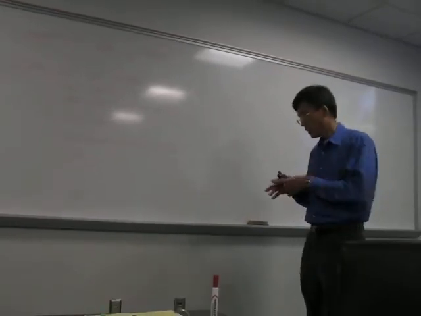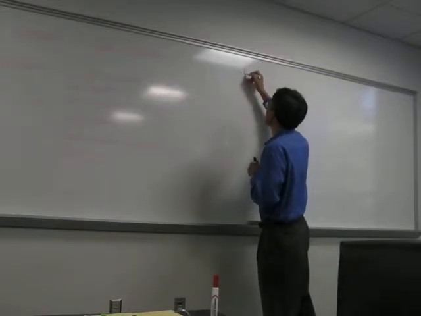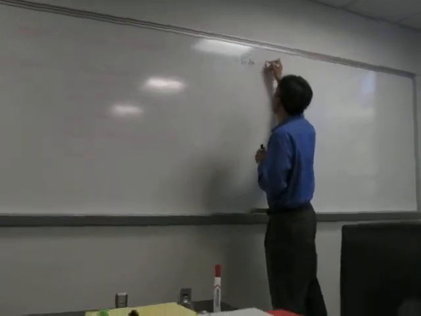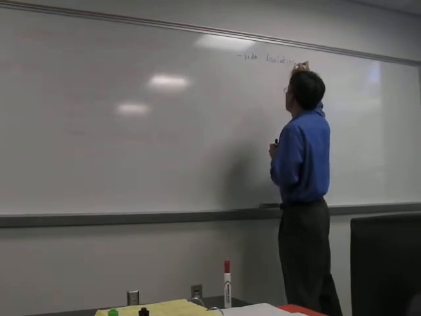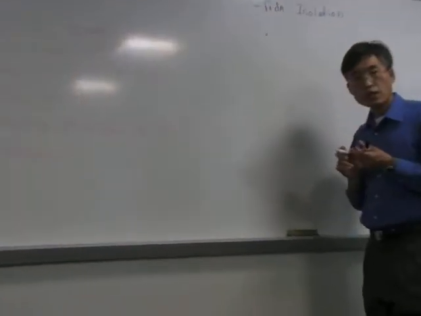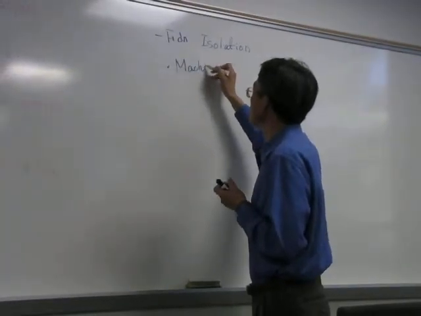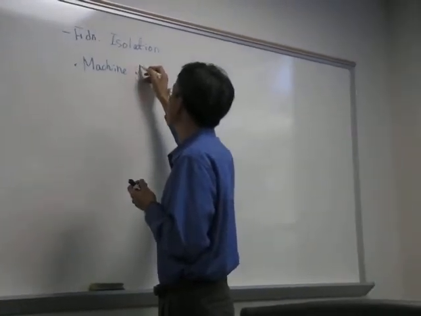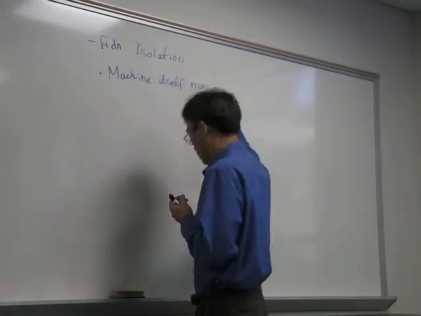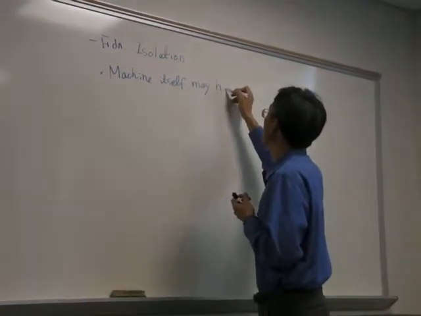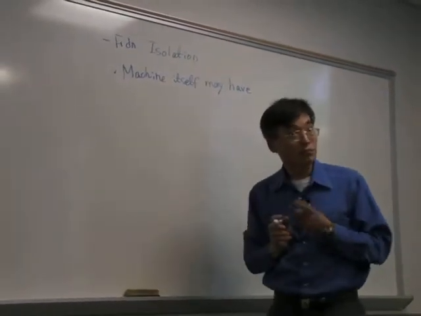Okay. So there are actually a couple of different options when we are talking about foundation isolation. So let's think about some options. Again, the machine itself may have bushings, okay?